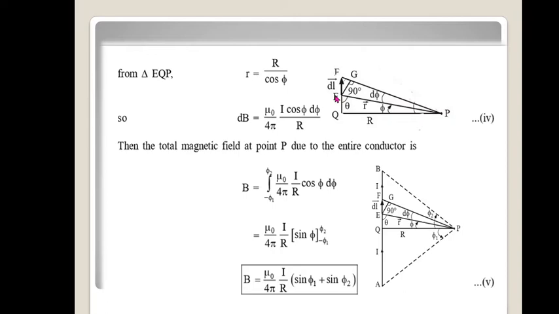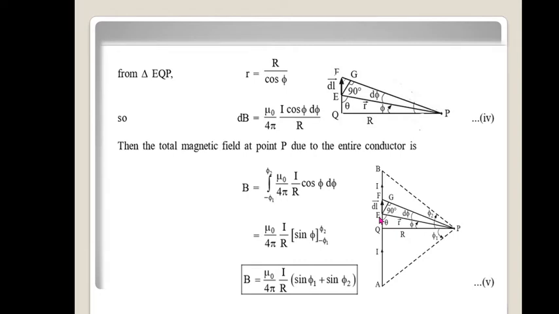Right now finally I need the complete total magnetic field at a point P due to the entire conductor. I only determined this small portion, but the question is, I need to get the entire conductor.